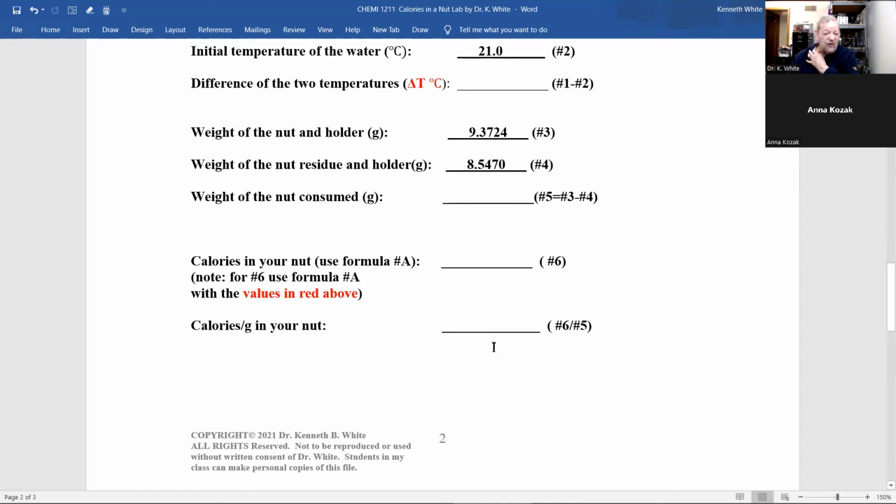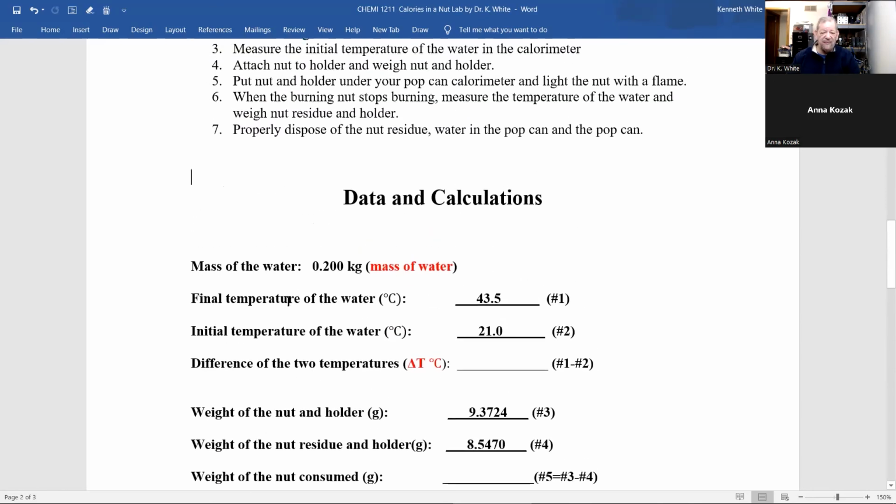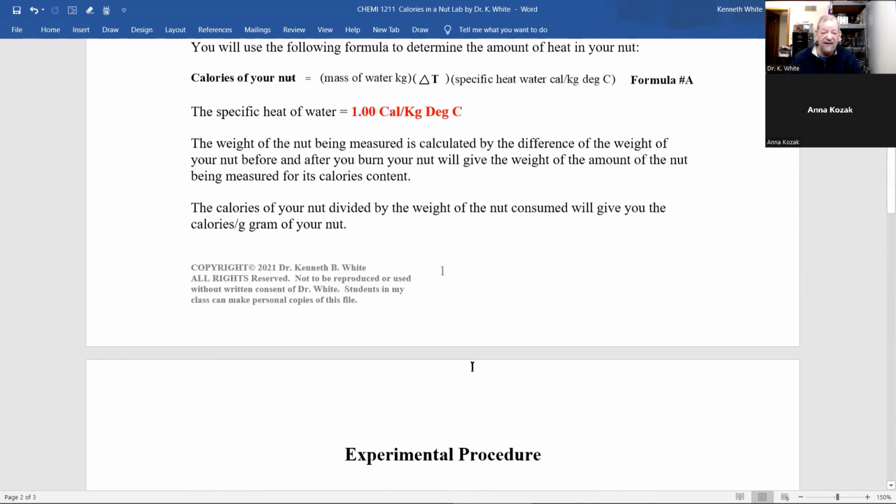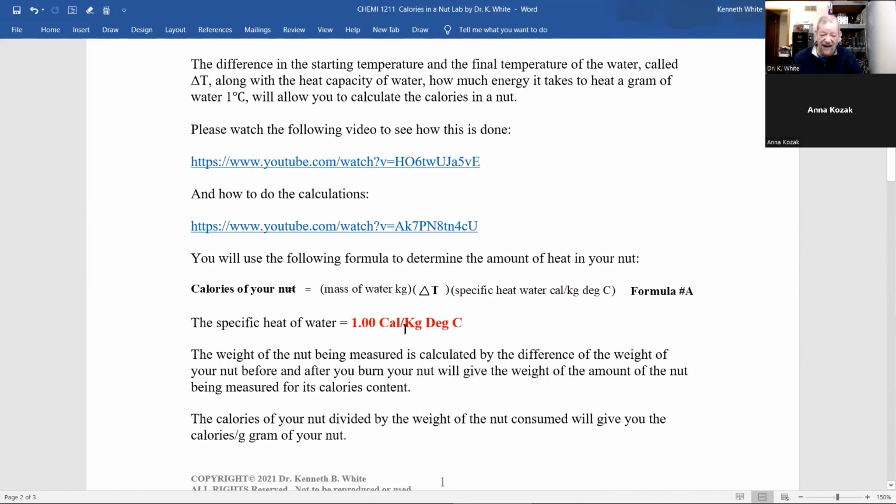Now, to determine the calories in your nut, you'll use formula A. And formula A, note, number 6, that's this, you'll use the values in red. Here's the mass of the water, here's the delta T that you'll calculate, and here's the calories.